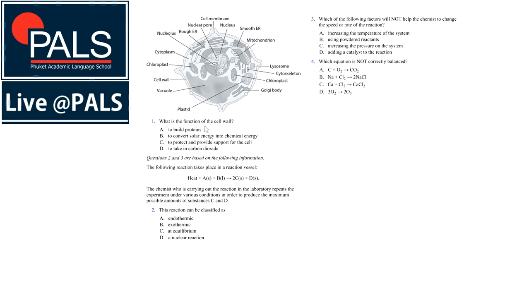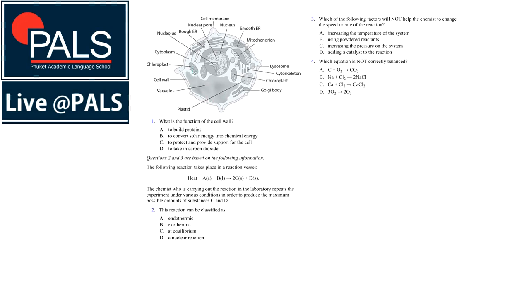Now, the cell wall is something that's unique to plant cells. Animal cells don't have cell walls. Fungi cells have cell walls, bacteria have cell walls, but yeah, plant cells have cell walls as well. And we can see that this here is a plant cell with a cell wall. It has chloroplasts as well, which are unique to plant cells, and a large vacuole.